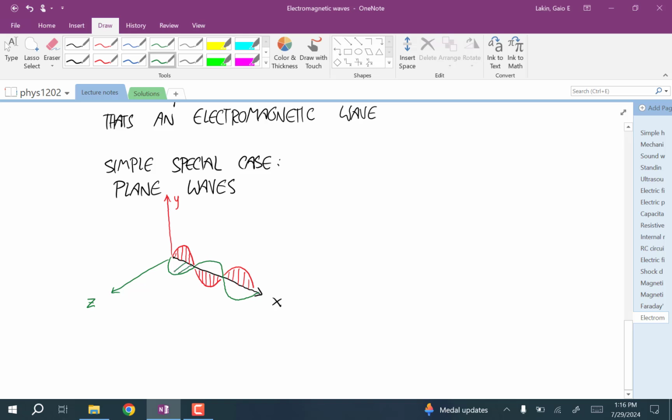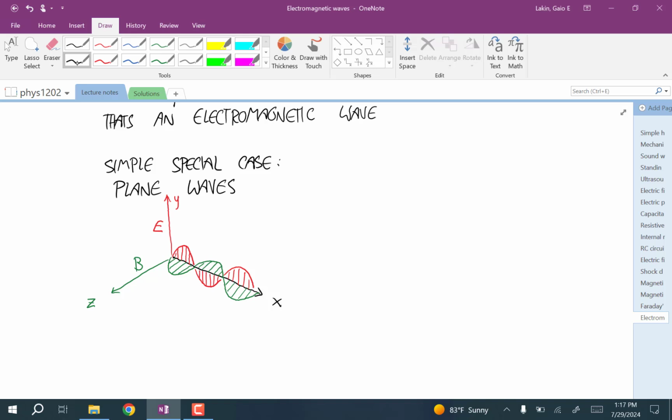These are parallel to the z-axis. And so as time goes by, you get these matching wave patterns along the y-axis for electric field vectors and along the z-axis for magnetic field vectors. So this is the electric field, and the green are the magnetic field vectors. But you can see they have the same wavelength, same frequency.